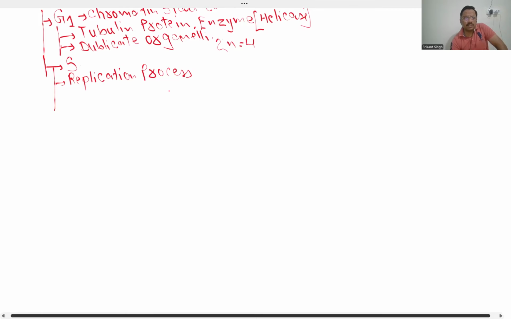So 2n equal to 4, 2c is going to be converted into 4c. Till here, 2c is the volume of the chromosome. Now, while the replication process is occurring, histone protein is formed. After the replication process, S phase, G2 phase is going to be formed.